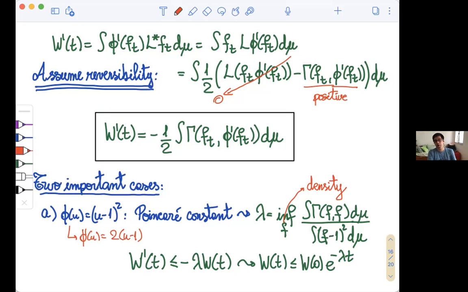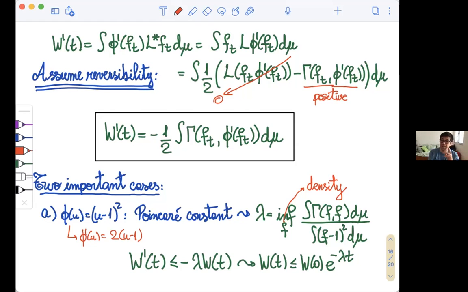Now you pass the L star to the other side. Remember that L star is the dual of L with respect to the inner product with respect to mu. So you can pass the L star to the other function, and you get this formula here: the integral of f_t times L of phi prime of f_t.